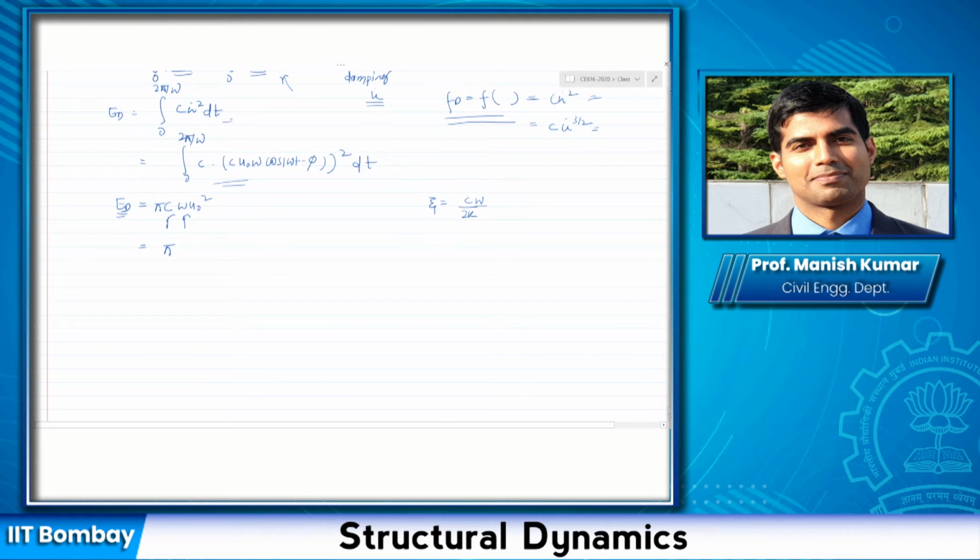So I will write it like this so that I can substitute the value of C omega as 2k zeta.